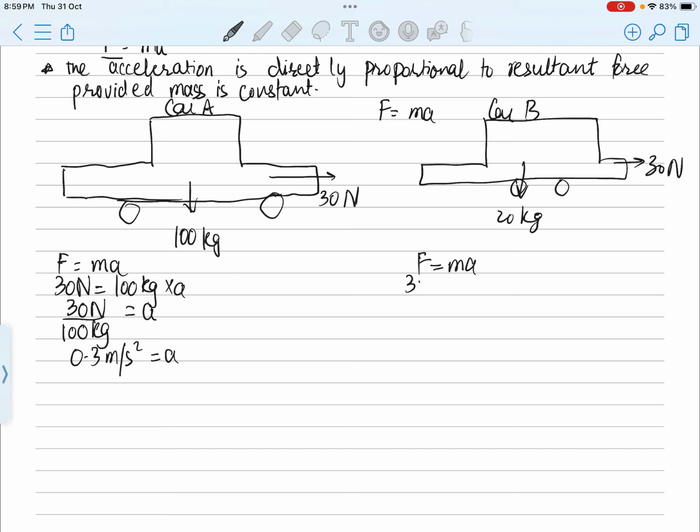F is 30 Newton, same, mass is now 20 kg times a. 30 Newton divided by 20 kg will give you 1.5. So we saw that acceleration is inversely proportional to mass.